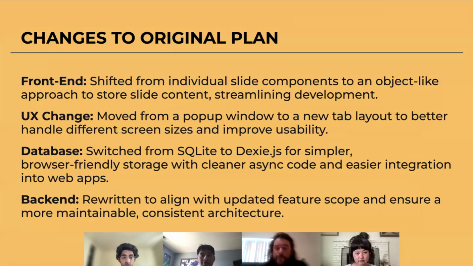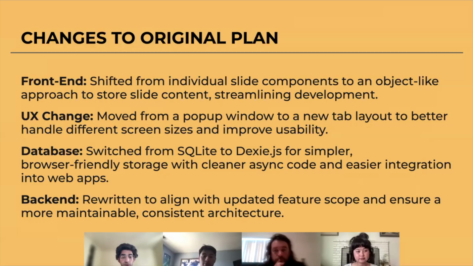We had a few changes to the original plan. For the front end, we shifted from an individual slide component to an object-like approach to store slide content and for streamlining development. In terms of our user interface, we moved from a pop-up window to a new tab layout to better handle different screen sizes and improve usability.